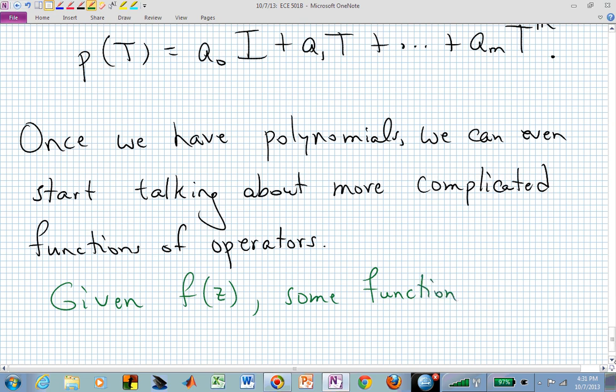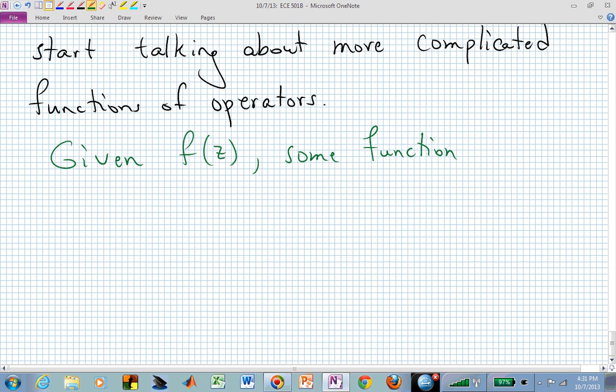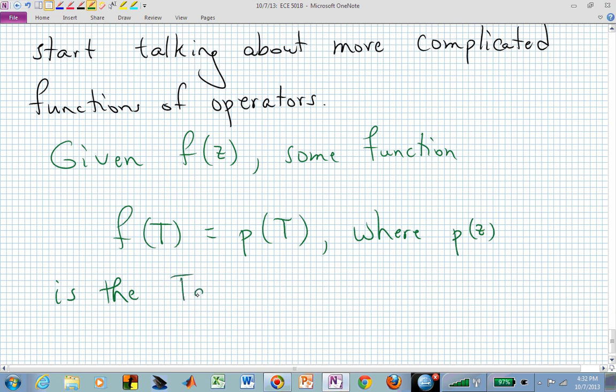So if we're given some function of, let's say, a variable z, then if we can rewrite that generic function as a polynomial in z, we can replace that general function with this polynomial function of T. And this p of z could be the Taylor series expansion of that function f of z, where p of z is the Taylor series of f of z.